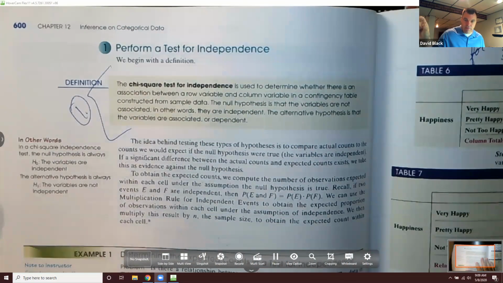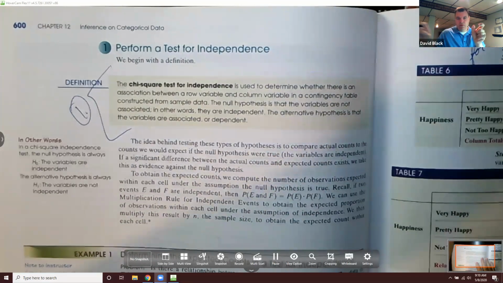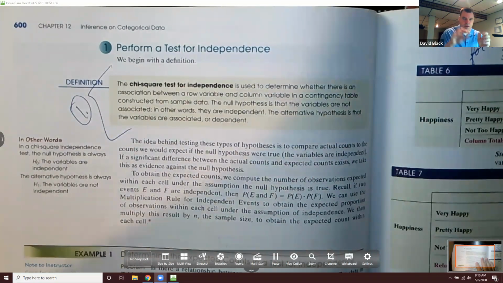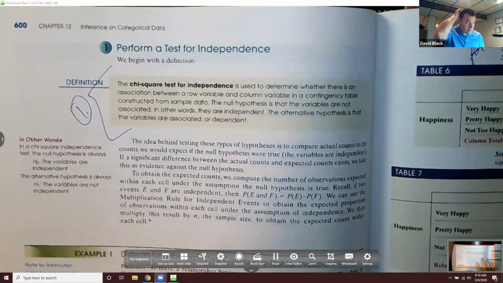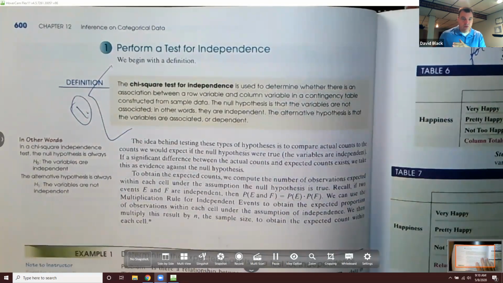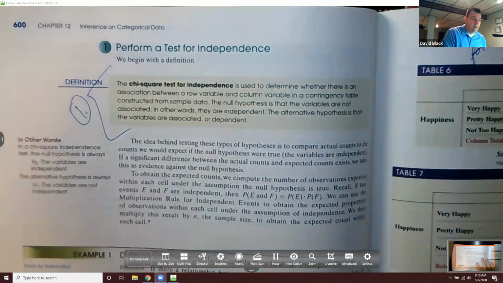Those would be column variables. And I might have blood pressures down the side creating the rows, like 140, 150, 160, 170. That would be a row variable. That's how we would test to see if those are independent, or if there's a relationship between them, dependent.